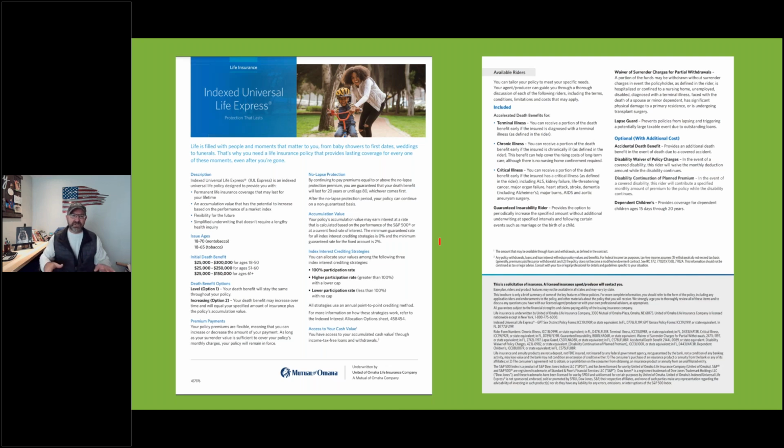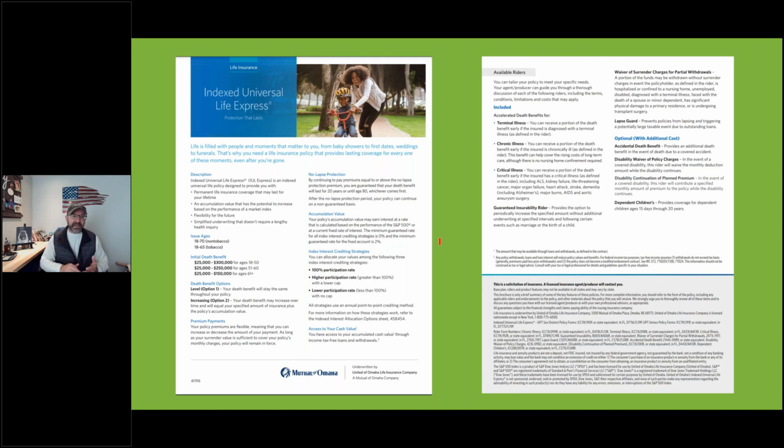They've never had a heart attack, stroke, cancer. Maybe they got high blood pressure, that sort of thing. They can even have diabetes as long as that diabetes was diagnosed after age 50, and they can be insulin dependent diabetics as long as there's no complications. As long as that diagnosis was after the age 50, we can still get them approved for an IUL Express.